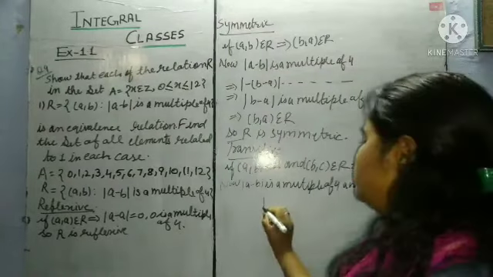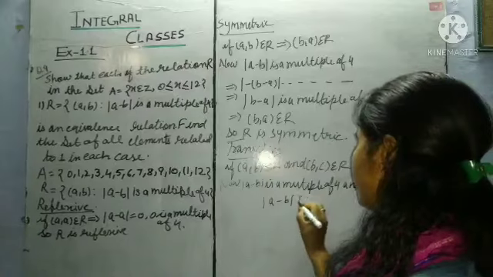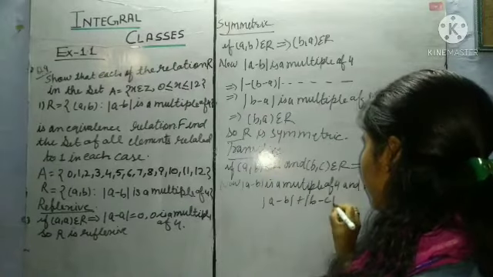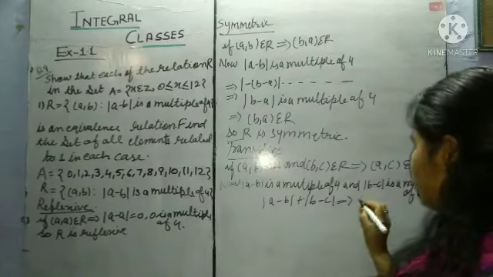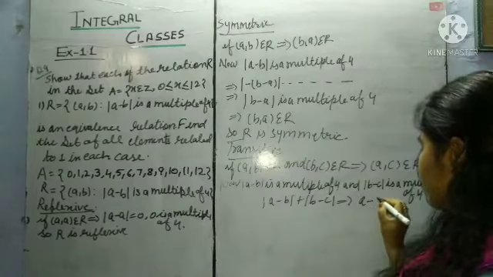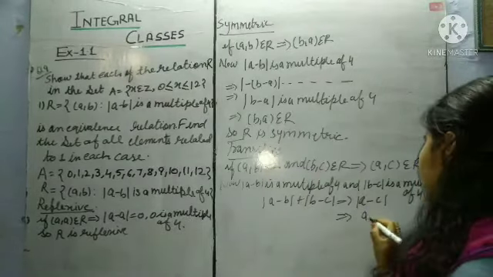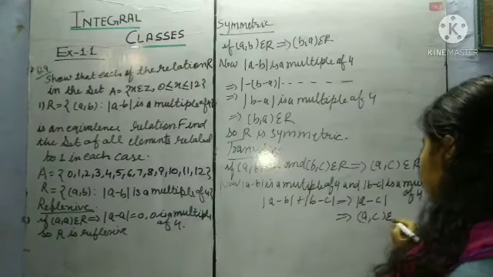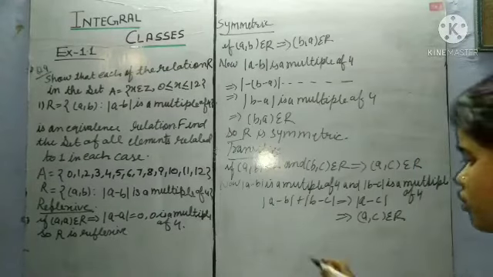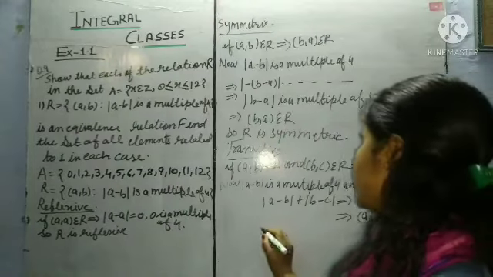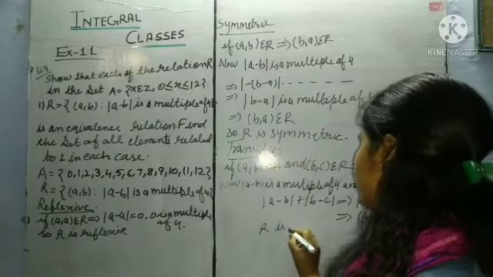So now we should add them. Now we will get here A minus C. So it implies that (A, C) belongs to R. So now student, R is transitive.